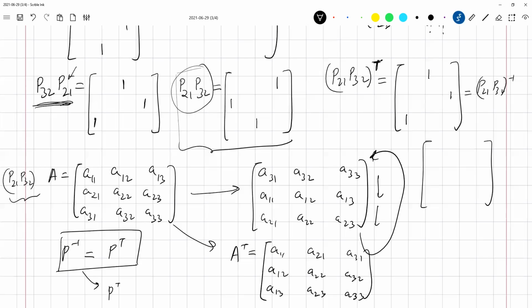First row, first column, the last element is 1. What is the last element in the first row? 1. So 1 times 1 is what? 1.